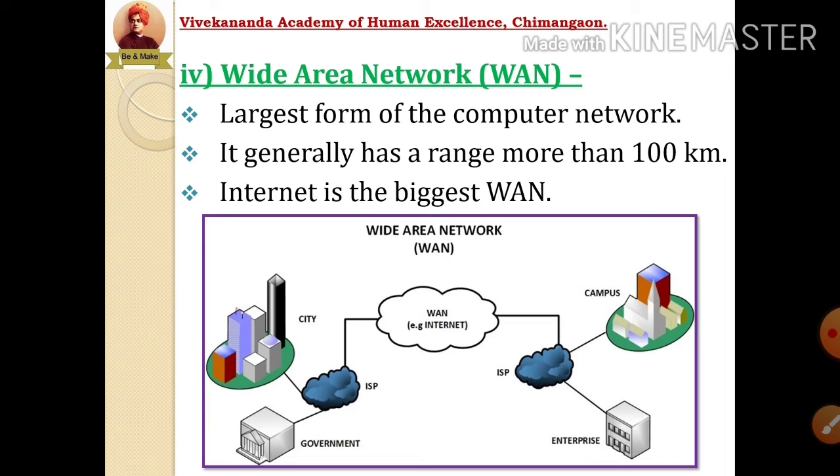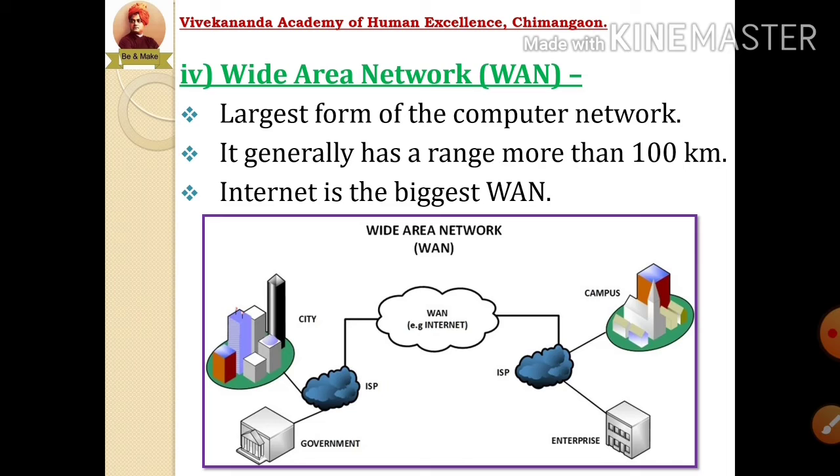So different networks are getting connected with the help of internet. Now this kind of network is generally used at big business houses, universities, and at government entities. Means government offices are going to use these WANs.